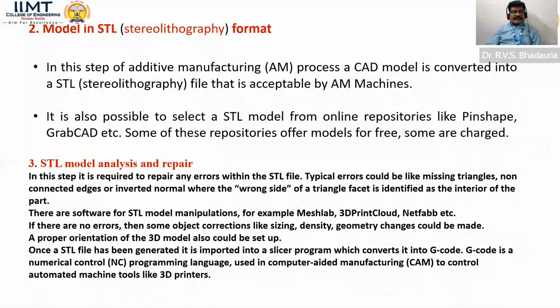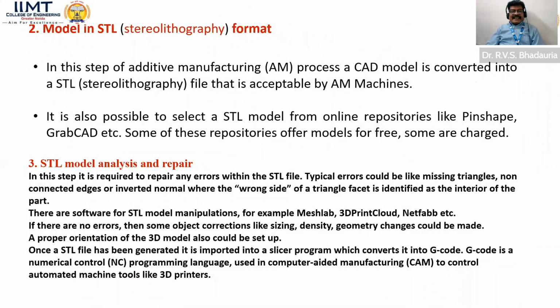Now you can see this slide. There are many software packages for STL model manipulation, for example, MeshLab, 3D Print Cloud, NetFab, etc. If there are no errors, then some object corrections like sizing, density, and geometry changes could be made. A proper orientation of the 3D model could also be set up.